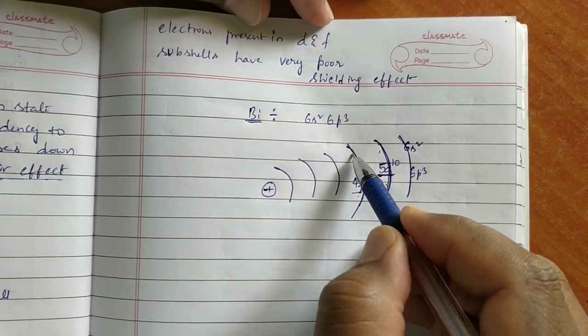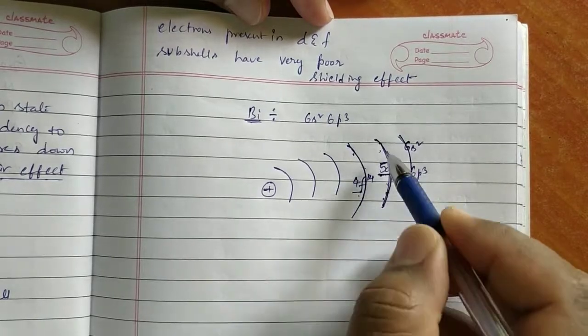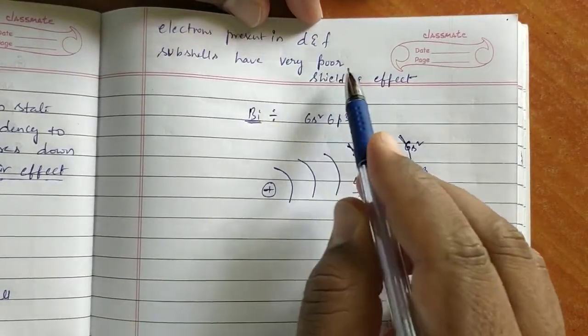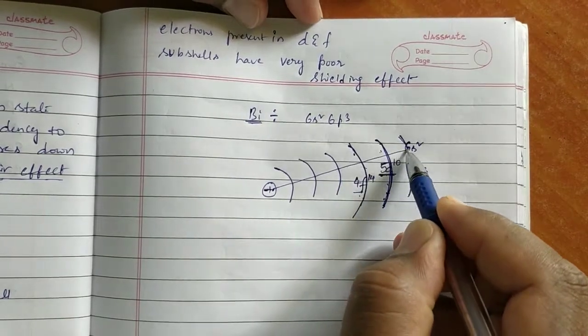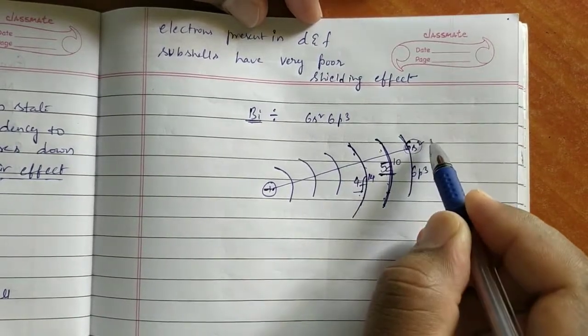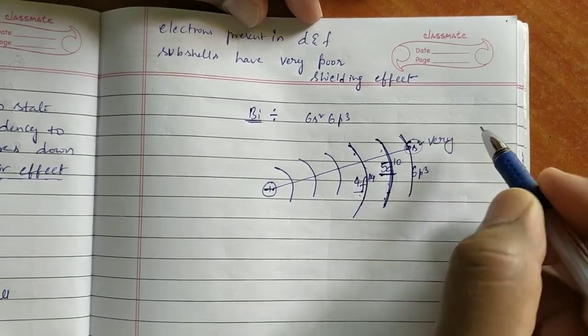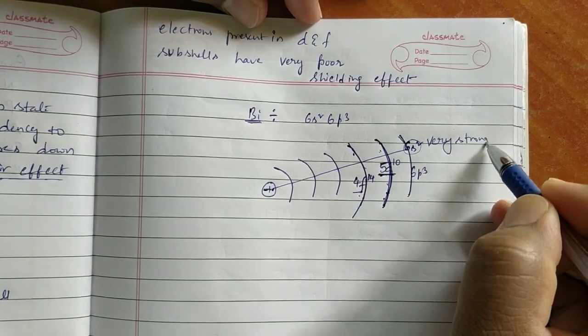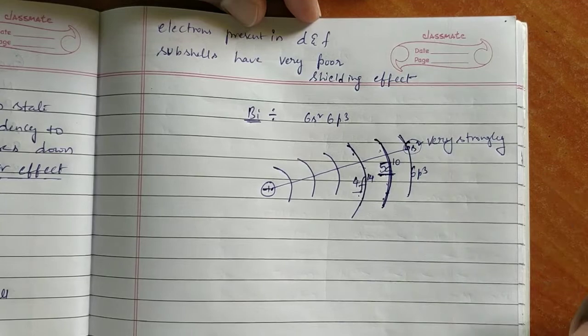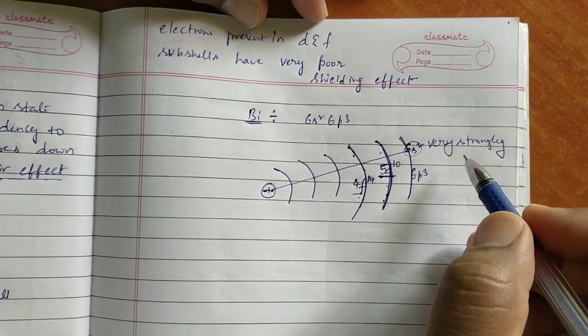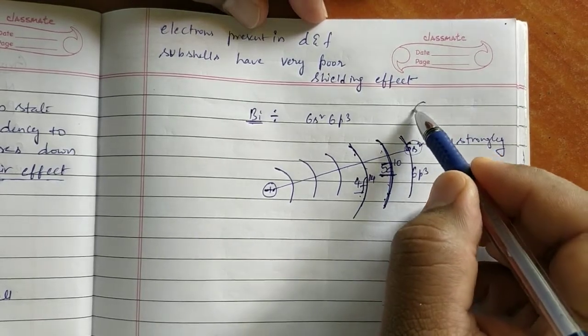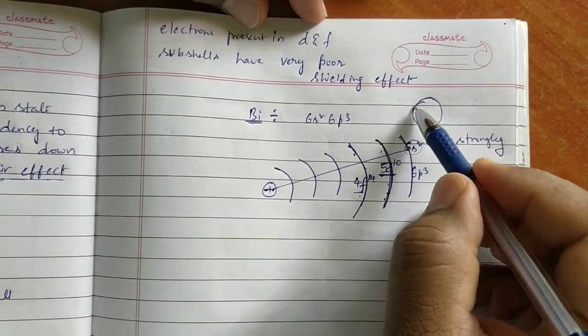When these 4f and 5d electrons have very poor shielding effect, the nucleus will hold the 6s electrons very strongly. 6s electrons are present in a sphere like a ball.